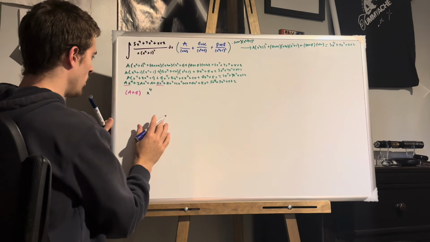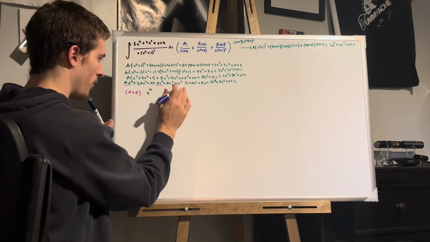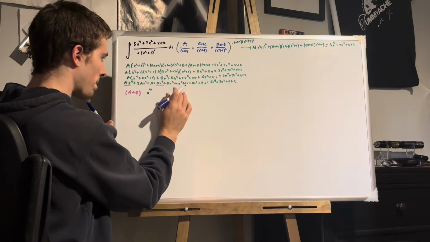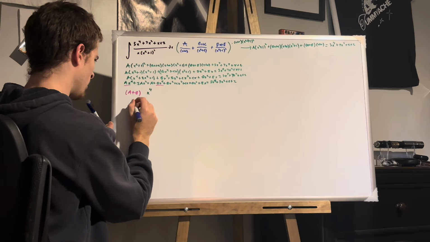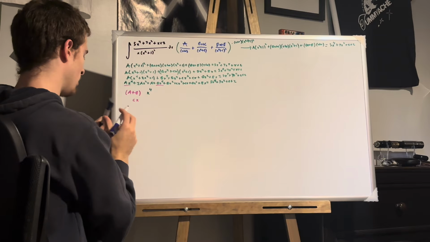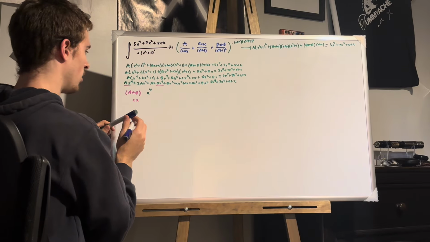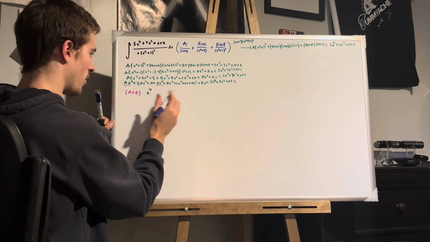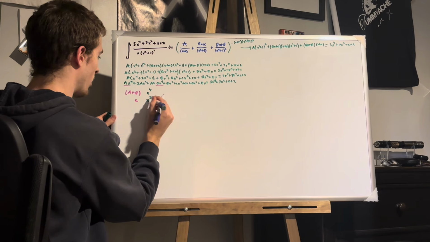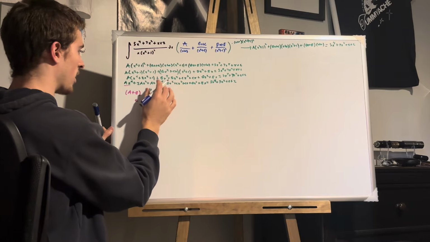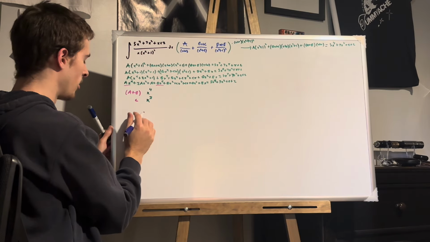So now let's look at the next one. We have cx cubed, and that's about it. So we have c for x cubed. Just factor the c out. So we're just factoring out what we have for that power.